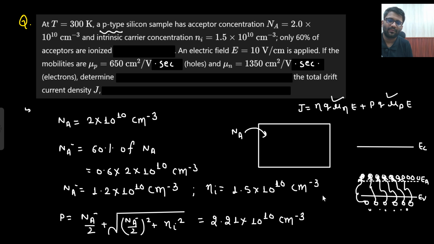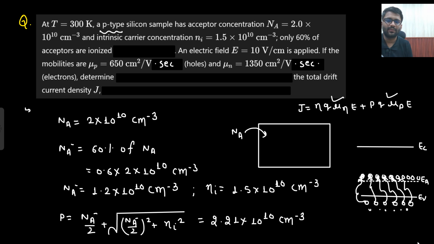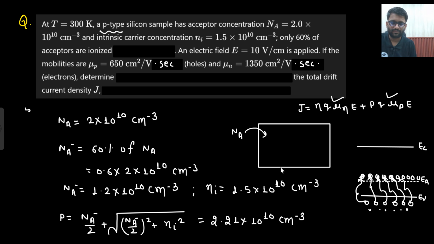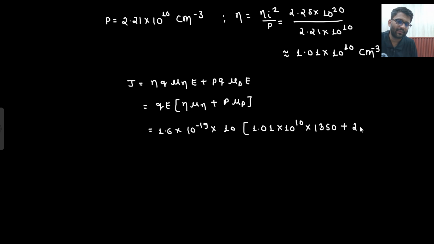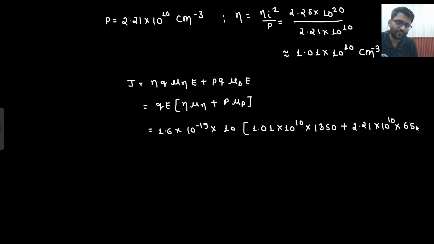Electron concentration is 1.01 into 10 to the power 10, and mu n value is 1350, plus here this is 2.21 into 10 to the power 10 and mu p value is 650. So there you go, this is what we need to solve.